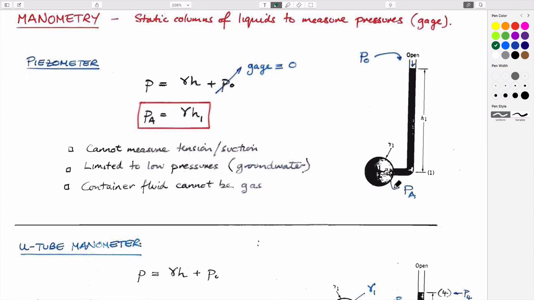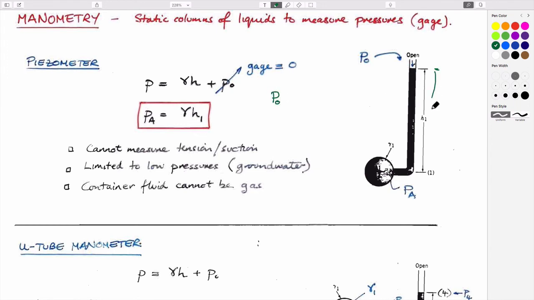All the diagrams that you'll look at in your book show these bulbs. They're not bulbs, they're supposed to be pipes going into the page. But if we want to calculate the pressure at a point PA, then we do exactly the same. We start off at this point here, and we say P0.